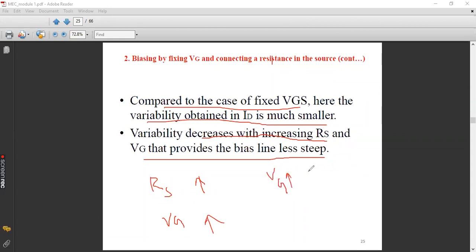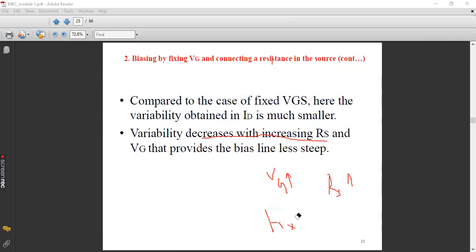So it is an easy way to choose RS. You have to fix VG and choose RS properly. High value or low value? High value, because if you take a high value of RS, the slope will decrease, it will become less steep, and thereby we can fix the Q point in our target region.